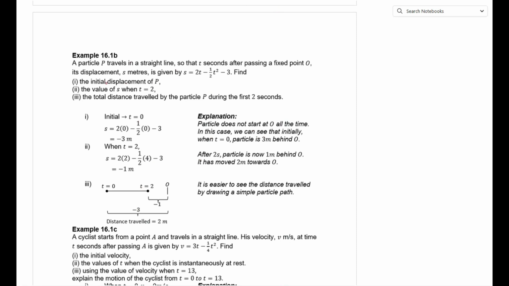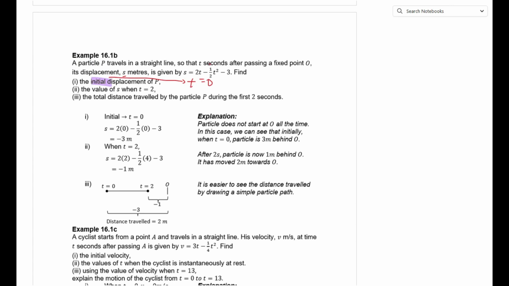A particle P travels in a straight line so that t seconds after passing a fixed point O, its displacement, s meters, is given by this equation. Find the initial displacement of P. Whenever you see the word initial, it always tells you that t is equal to 0, because your time hasn't started yet.